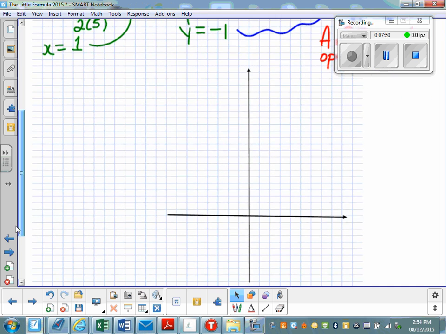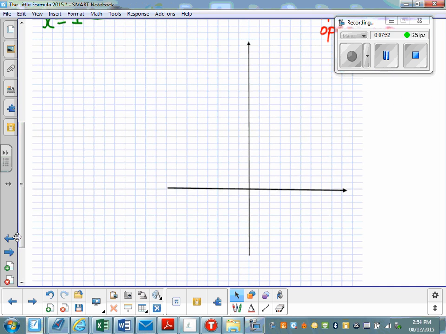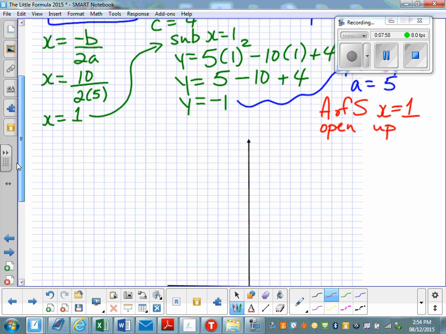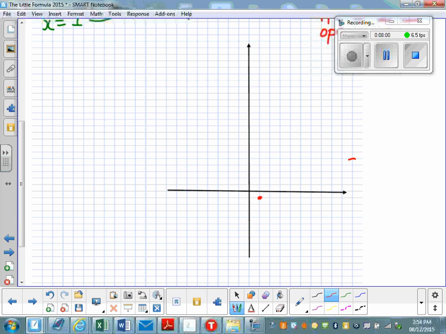So the vertex is at 1, negative 1. And this one, because the a value is 5, the step pattern is going to be 5, 15, 25. All right, so from the vertex, I go over 1 and up 5. 1, 2, 3, 4, 5.